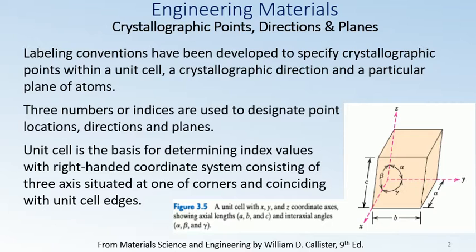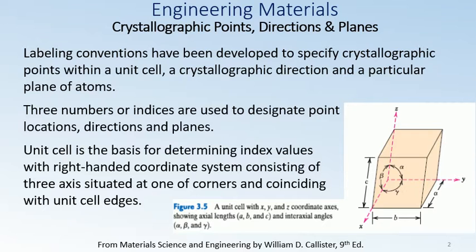These labeling conventions use three numbers or indices, as they are called, to designate or inform us about the location of a point or direction and a plane. These indices are determined on the basis of the unit cell.